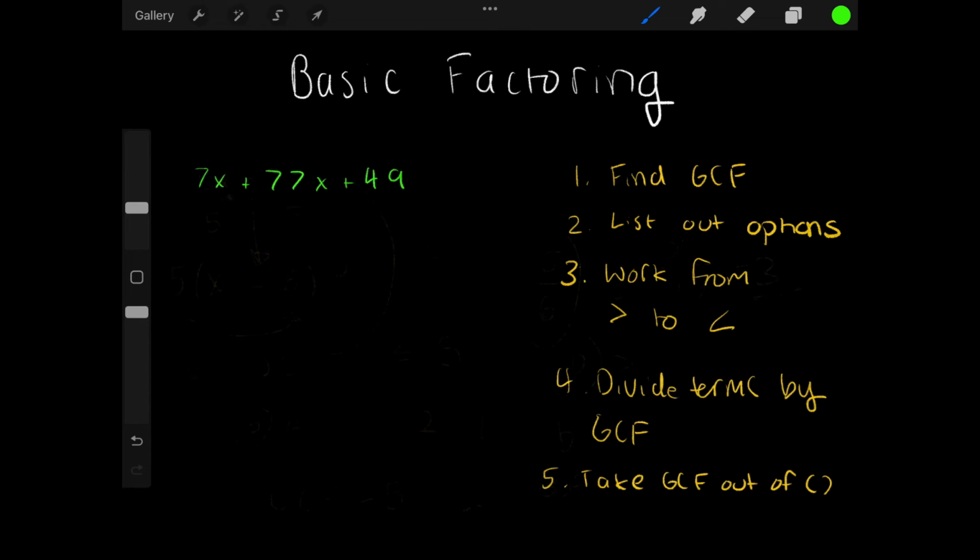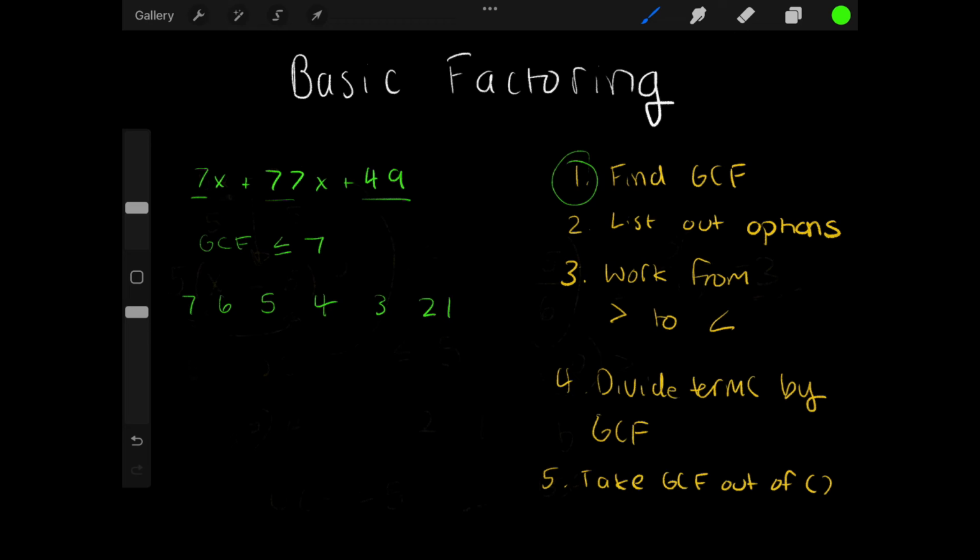So our first step, as we have on the right side here, is to find the GCF. Now, remember, our GCF can't be greater than our smallest integer that we have. So the GCF has to be less than or equal to 7. In this case, let's list out our options: 7, 6, 5, 4, 3, 2, 1.